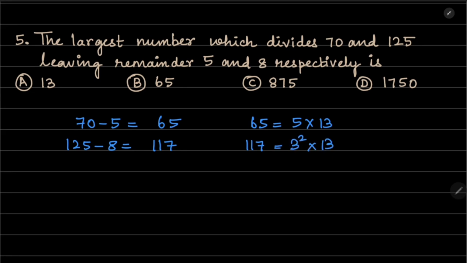If you have to find the HCF, the answer is the same as the previous question. So the HCF of 65 and 117 is nothing but 13. It's the same way that you have to do, same factorization. Okay. So the answer is 13.